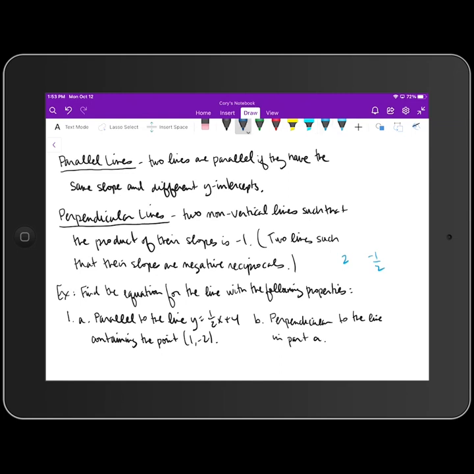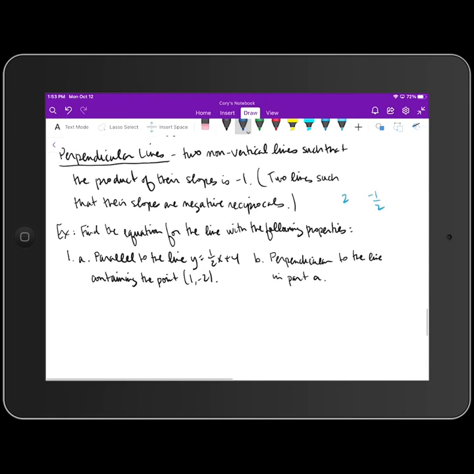Okay, so let's do two sets of examples with these. So directions ask us to find the equation for the line with the following properties. Okay, so number 1, in part A, we want our line to be parallel to the line y is equal to 1/2 x plus 4 and contains the point 1, -2.